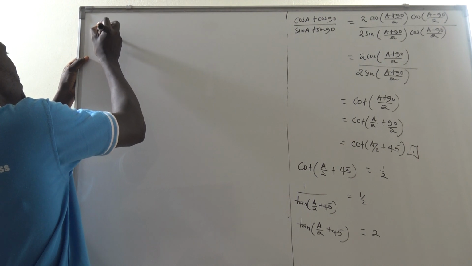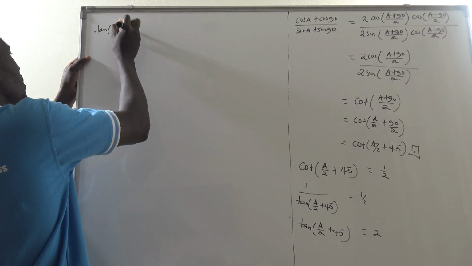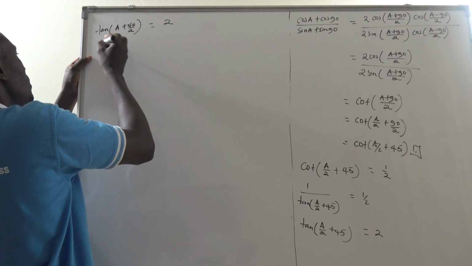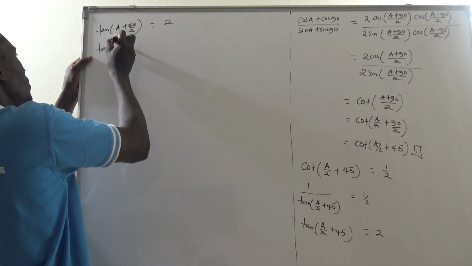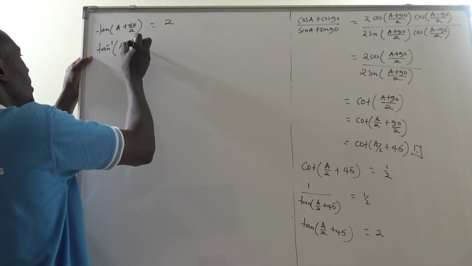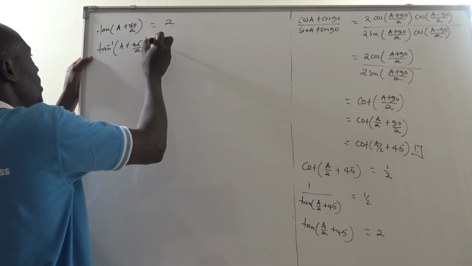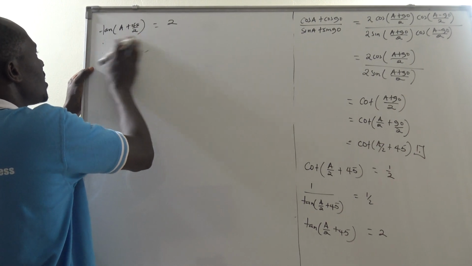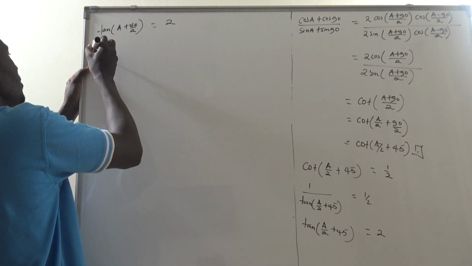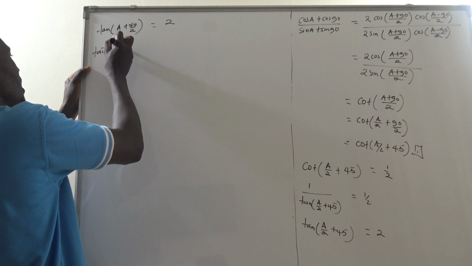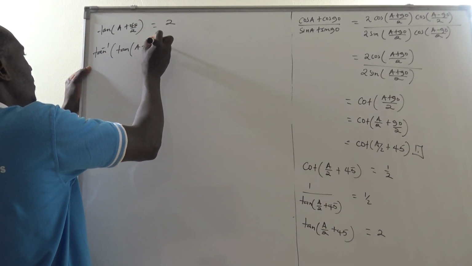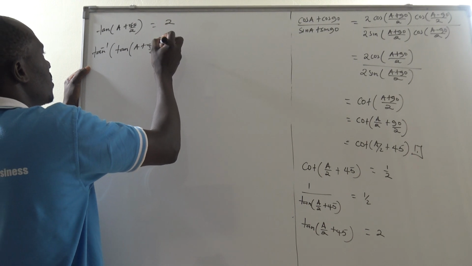Tan inverse of tan is the same as the angle. So A by 2 plus 45 equals tan inverse of 2.